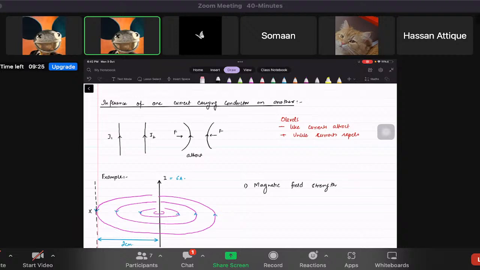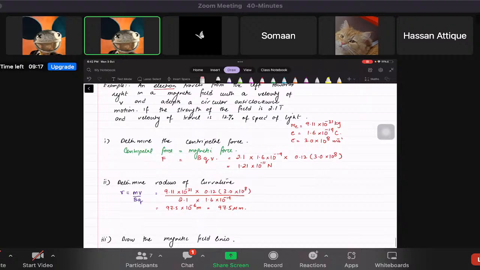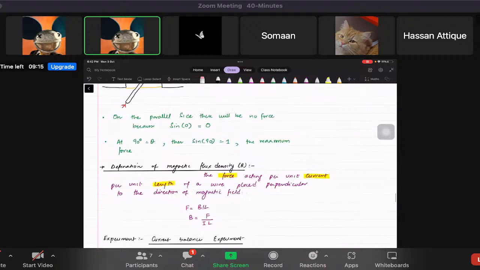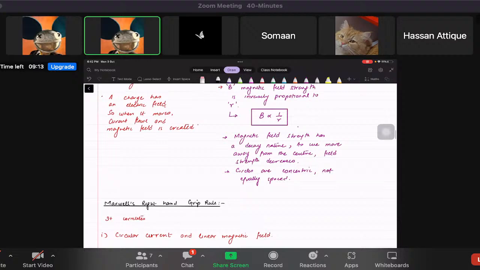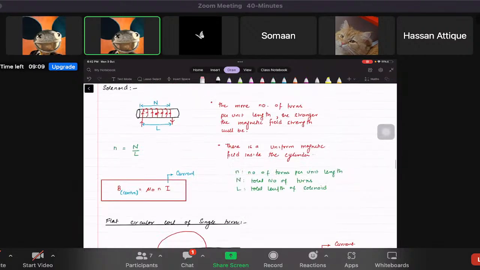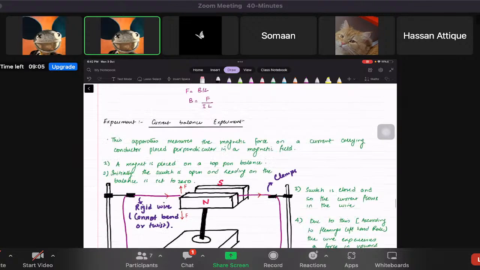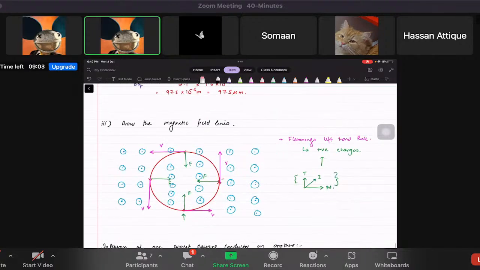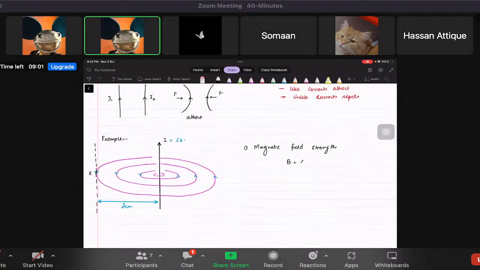Magnetic field strength is given by, I've also given you this equation before, if you scroll back, for a single wire, the magnetic field strength is given by mu naught I over 2 pi r. So usually they will give you this equation themselves. So mu naught I over 2 pi r gives us the strength at x, where the other wire is.